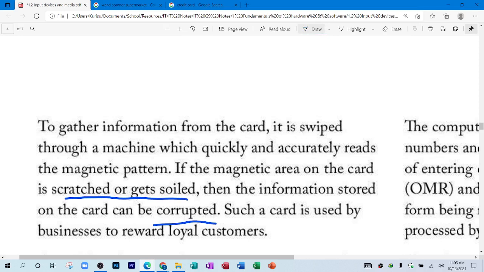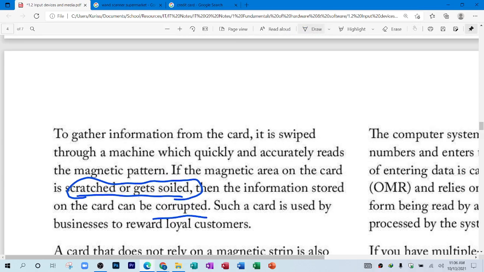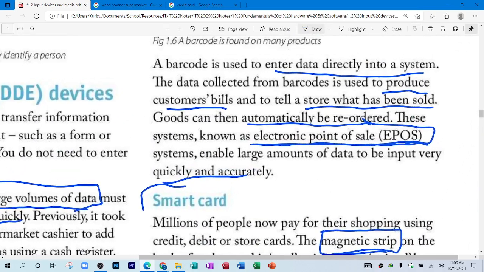Great. So as mentioned, not only is it used for credit cards and debit cards and so on, like for example, Bounty, DSL, when they have customer cards, they would use a similar card for that purpose. Now, if you notice here, I underlined the disadvantage. If that area gets scratched or if it gets soiled, it can corrupt the data. Now you can look at it as the opposite of the barcode.